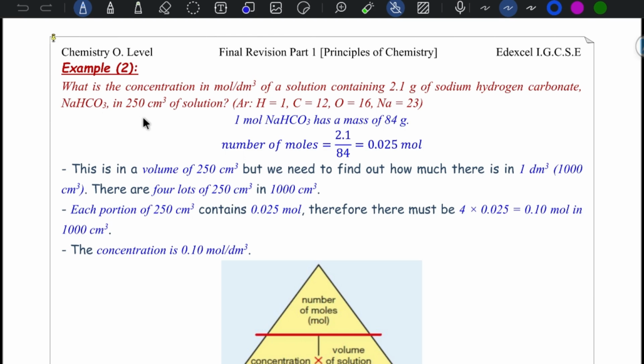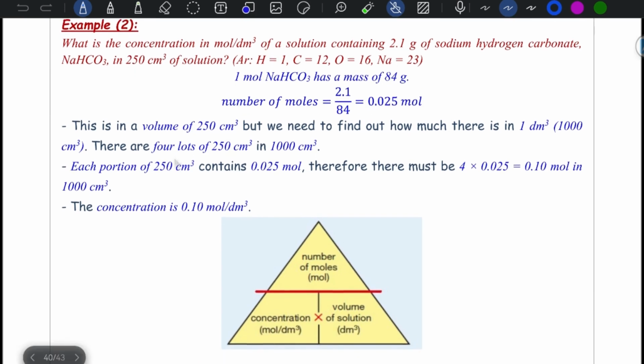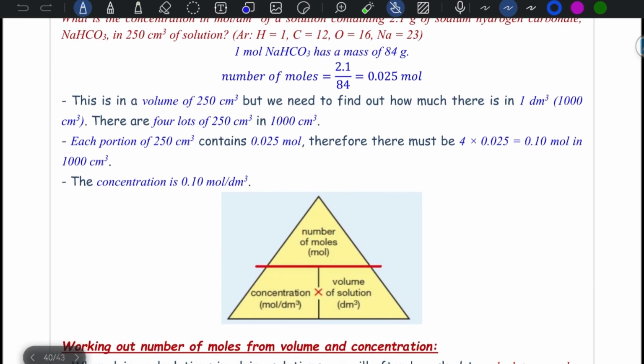Remember that volume must be in cubic decimeter in this case. So Mr is 84 and number of moles 2.1 divided by 84. Now you have number of moles. Don't do it like this. Just divide number of moles over 0.25. He just mentioned multiply it by 5, but it's the same.